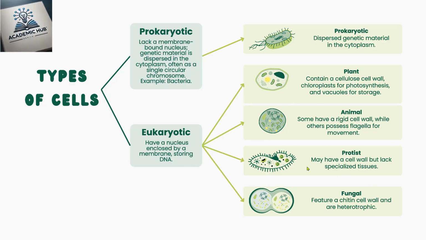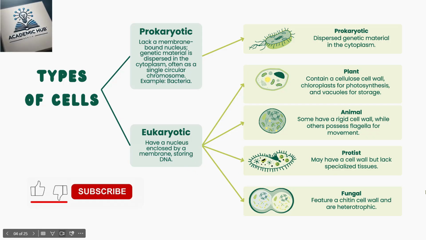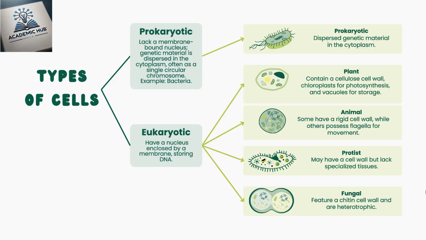Now we will discuss it in elaborate form. Eukaryotes have advanced and complex cells that contain a membrane-bound nucleus where DNA is stored. Unlike prokaryotic cells, eukaryotic cells also have various membrane-bound organelles that perform specialized functions.